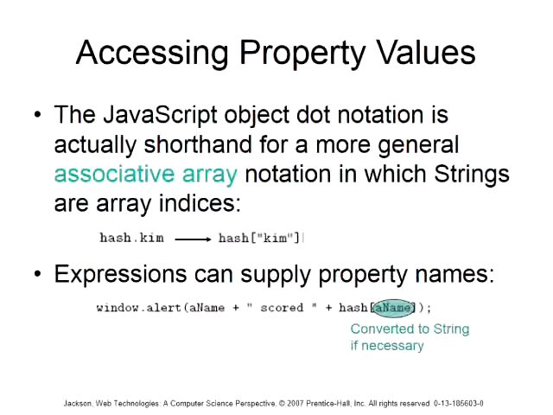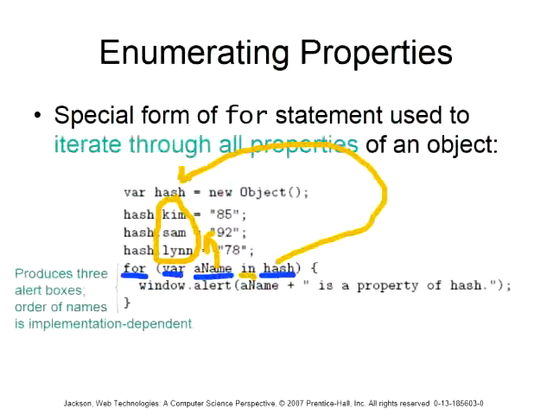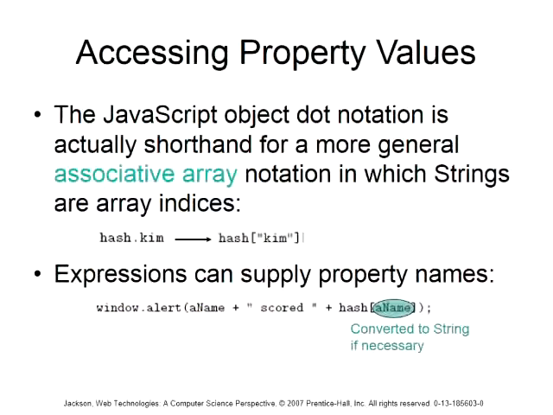If I write hash.kim, that means I want to get the value of the property kim of the object hash. I can write hash.kim, or it's equivalent to write hash and after that kim in brackets, like this.